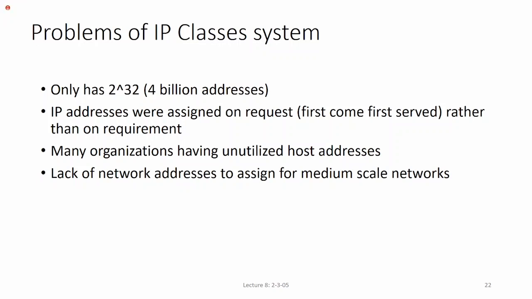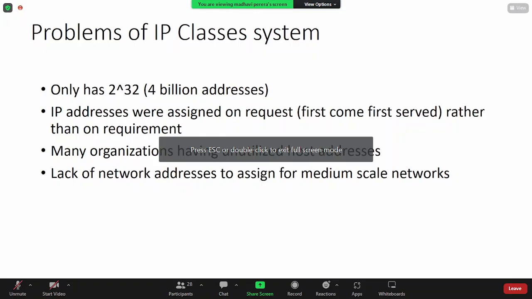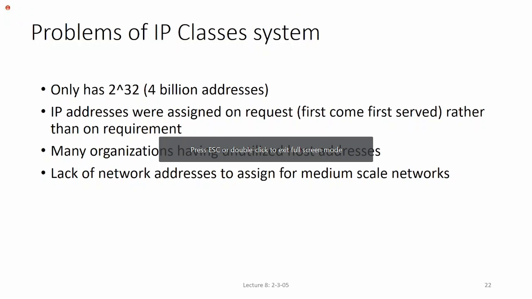Out of those addresses, first, the IP addresses were assigned on a first come, first served basis, rather than on requirement. There is a separate organization authorized to assign IP addresses for the networks in the world.